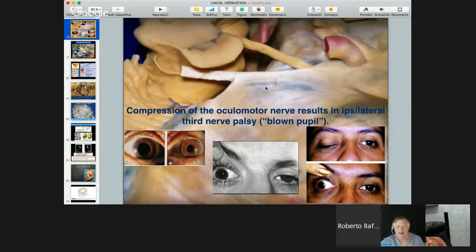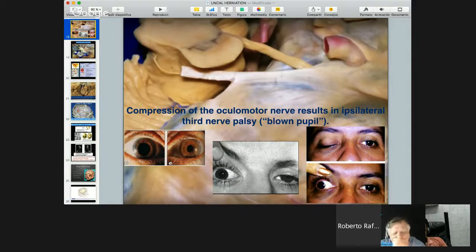The herniated hippocampus goes across the free edge and displaces and compresses the third nerve, producing the different pupil syndromes with anisocoria, mydriasis, secondary to ipsilateral third nerve palsy.